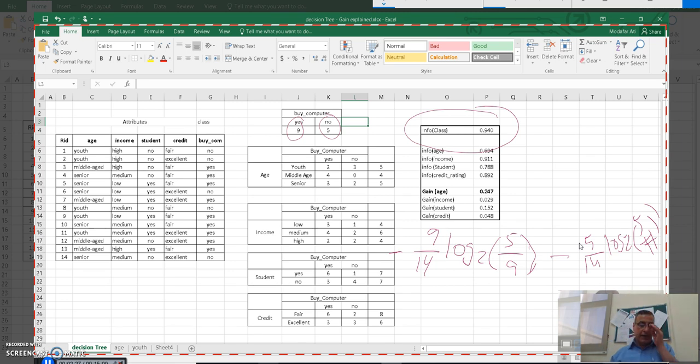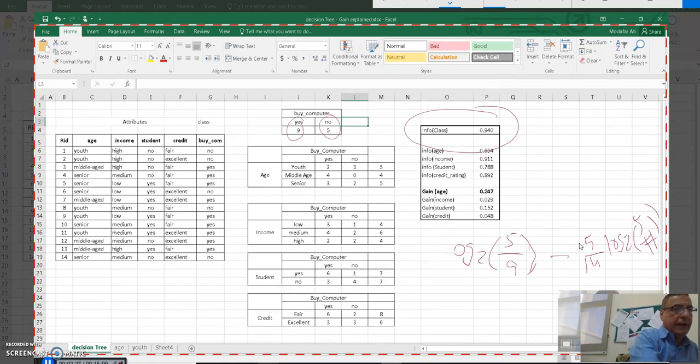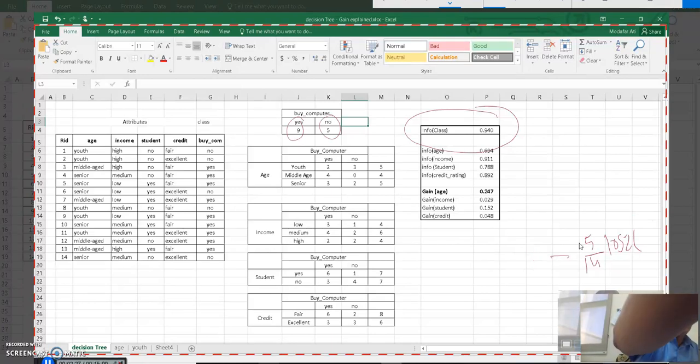In case you don't have a log 2 calculator, let me just demonstrate how to do it before we start.